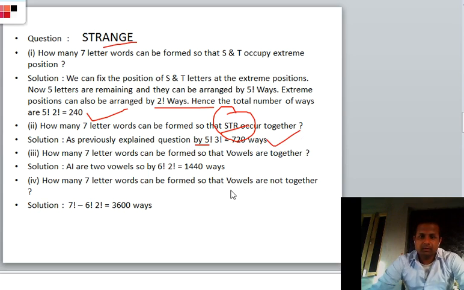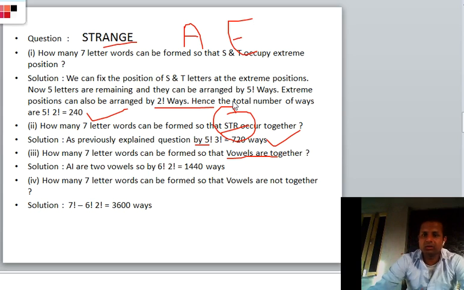Come to question number 3. They are asking how many 7-letter words can be formed so that the vowels are together. In the given word, the vowel letters are A and E. So indirectly they are asking that A and E should come together. Again, what concept can we apply?